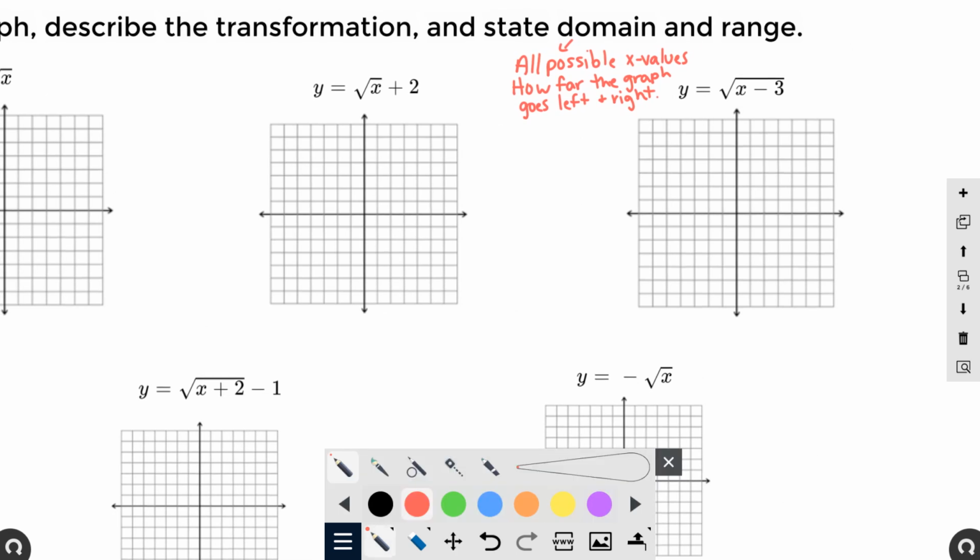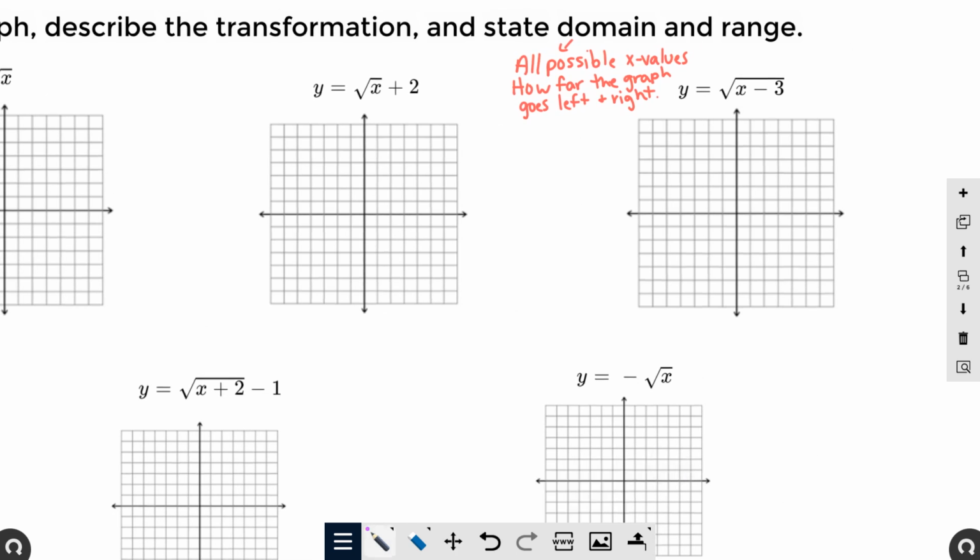So if that's the domain, what do you think the range is? All possible y values, and how far the graph goes up and down. So domain is looking left to right, range is looking up and down.